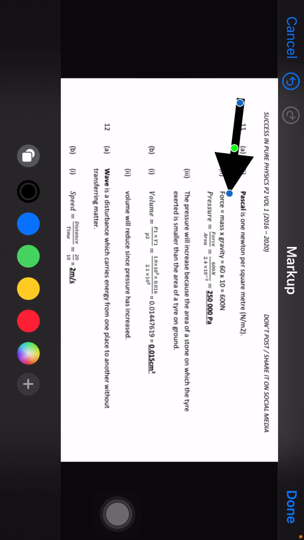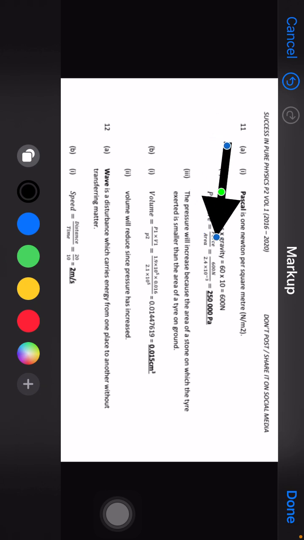A Pascal is 1 Newton per square meter. A Pascal is simply a unit for pressure. In other words, just define it in words. Or you can use the same formula, but you have to put it in a bracket. The formula for pressure is pressure is equal to force over area.